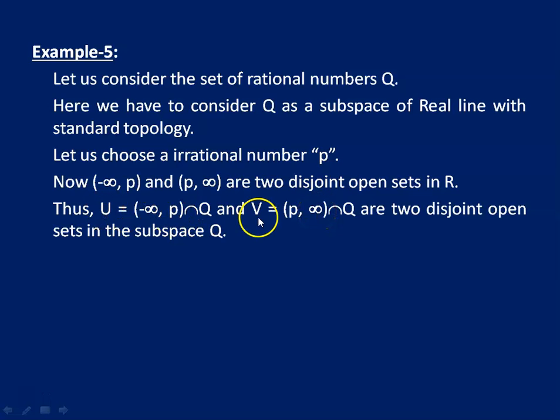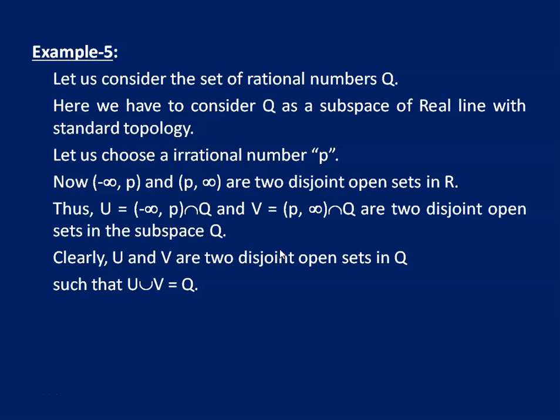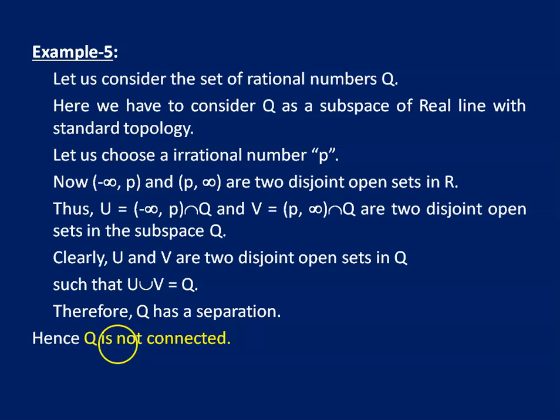So U and V are two disjoint open sets in the subspace Q, and if we take the union of U and V, we get the rational numbers. Clearly U and V are two disjoint non-empty open sets in Q such that U union V is equal to Q. Therefore Q has a separation. Hence Q is not connected.